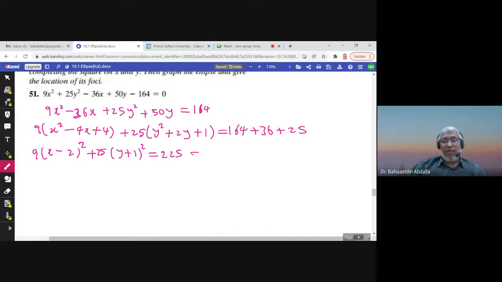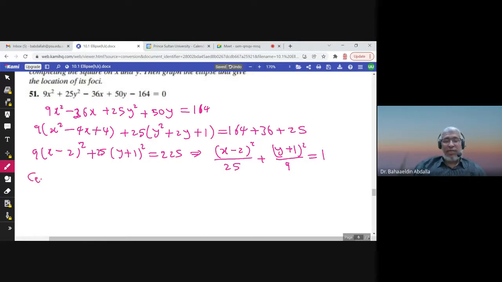Now divide by 225. 225 over 9 is 25, so I'll have 25 here, and 9 here, and 1 here.